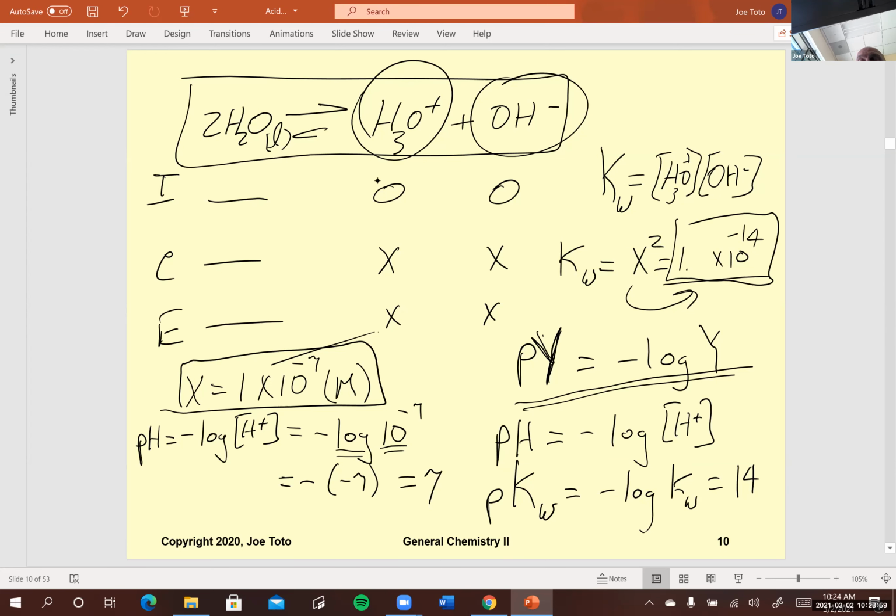You have the autoionization of water with a Kw of 1 times 10 to the minus 14th, which tells me that the pH of that solution is going to be 7. And the pOH is also going to be 7, as you could figure out.